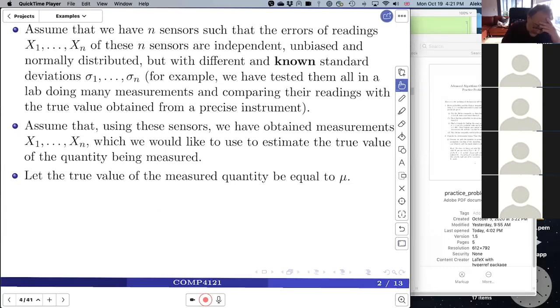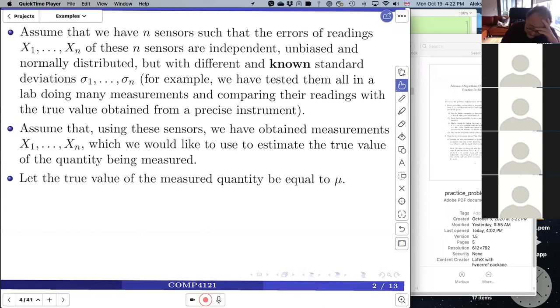So let us now see what a maximum likelihood estimator would tell us about how to find the true value. Let's denote the true value of the measured quantity equal to mu.